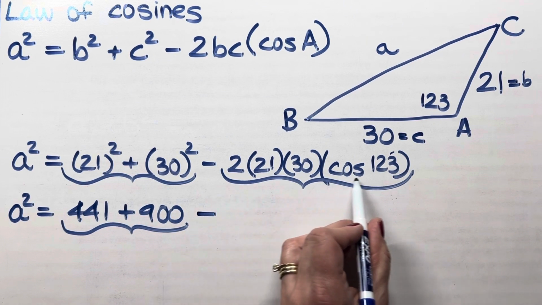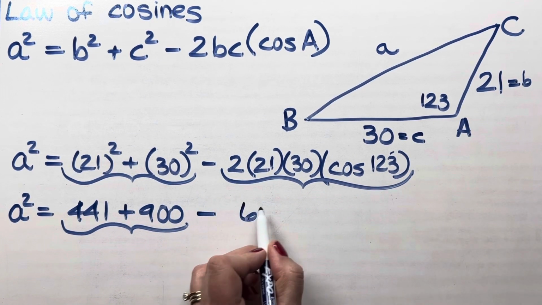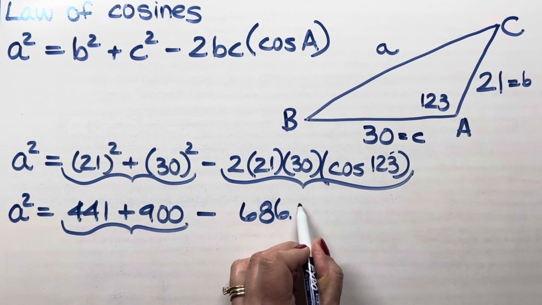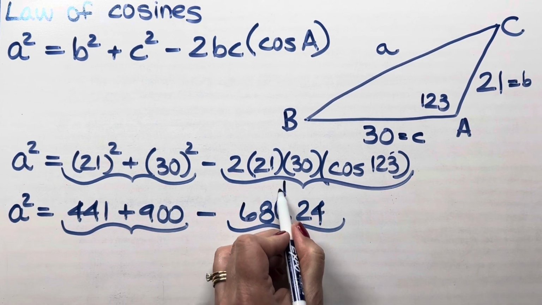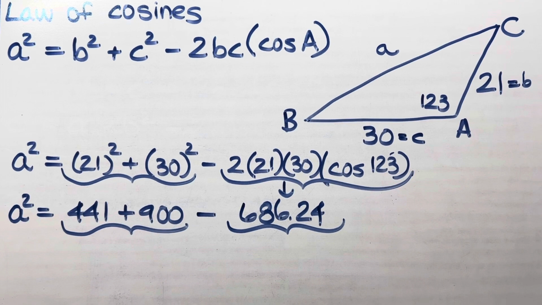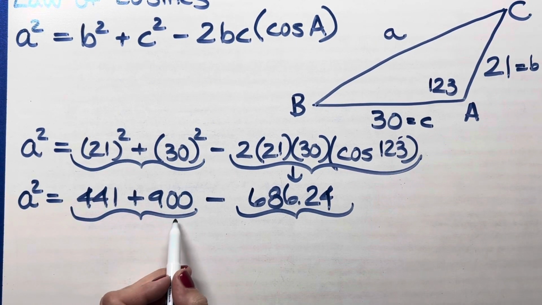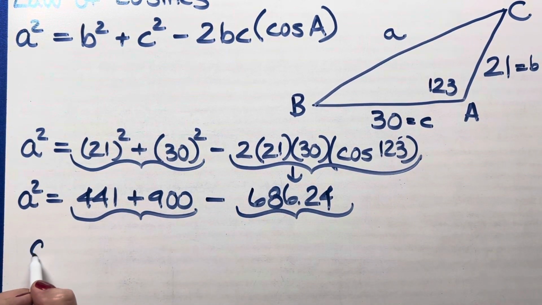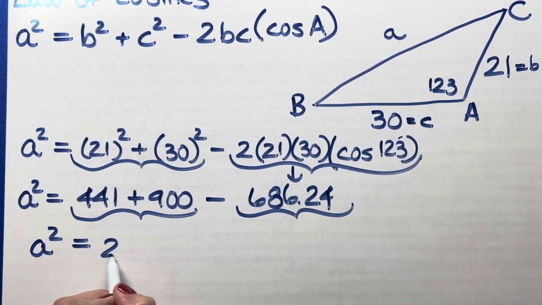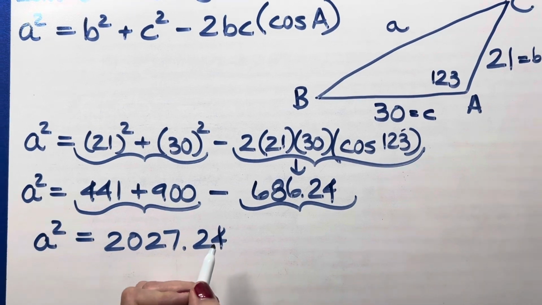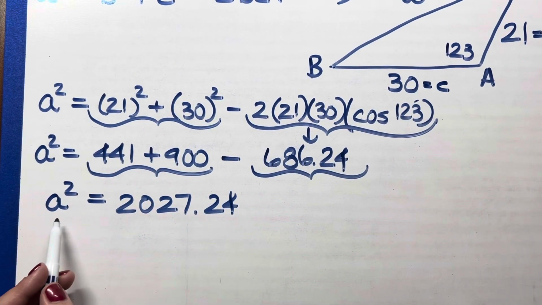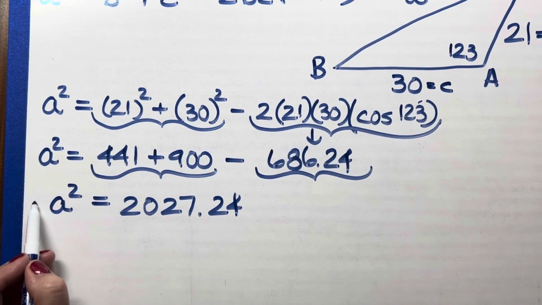When I do this entire problem, I get 686.24. So this comes directly from here. So now what I'm going to do is I'm going to add these together, subtract this. So my a squared is 2027.24. To solve this, I'm just going to take the square root of both sides.